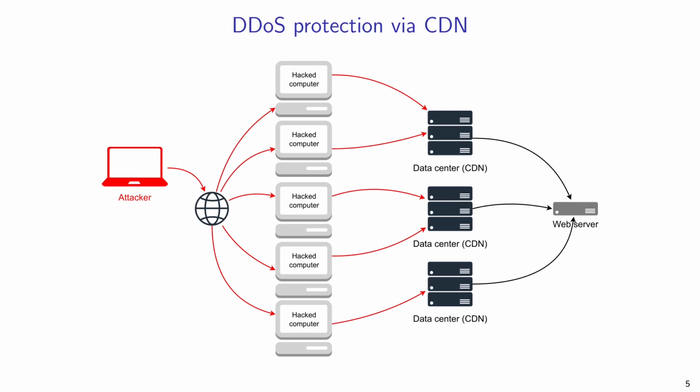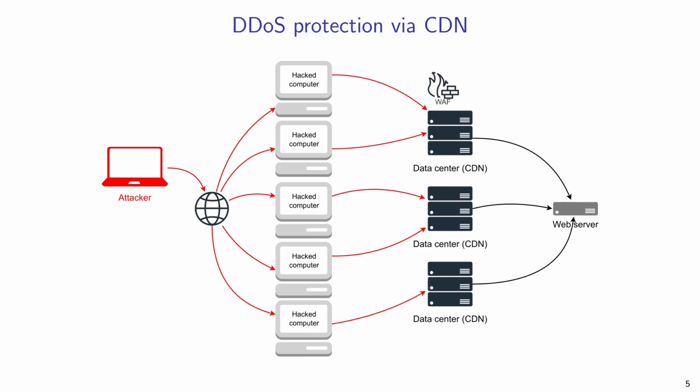Note that it is important to keep the real IP address of our server private, as otherwise the attacker could bypass the CDN and attack our server directly. So the task of the CDN here is to absorb the incoming attack traffic and only forward HTTP traffic to our server. If the attacker uses HTTP requests to attack our website, the CDN can apply rate limiting and block the attacking IP addresses.